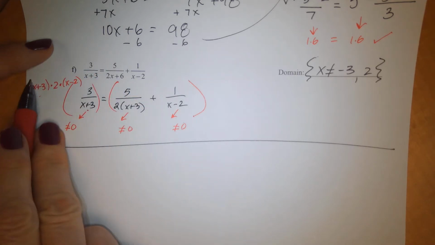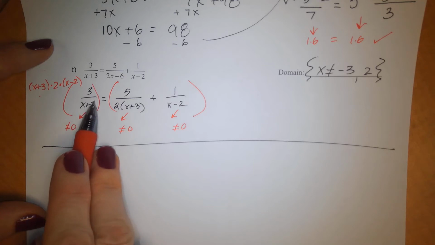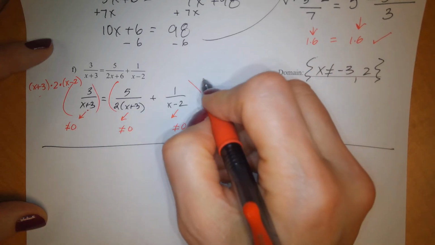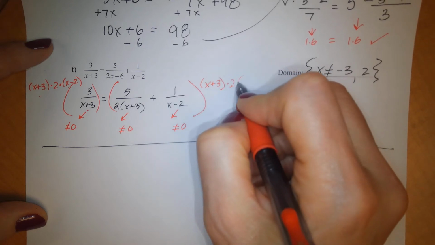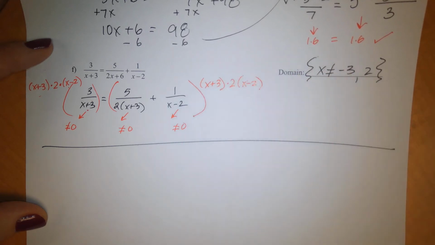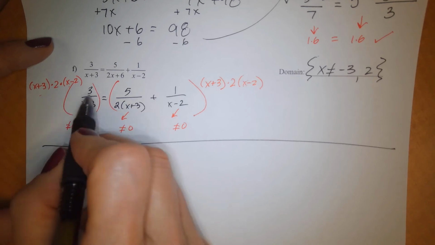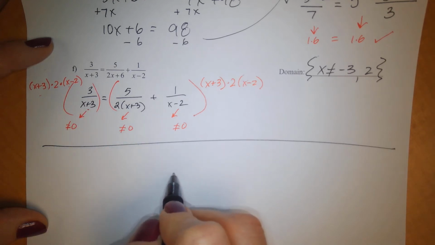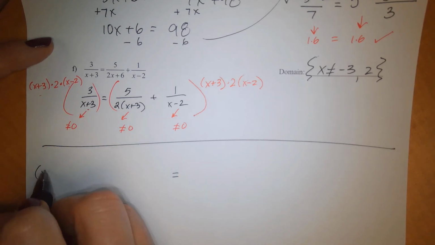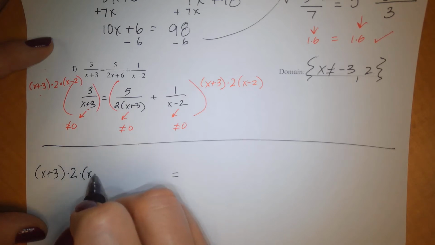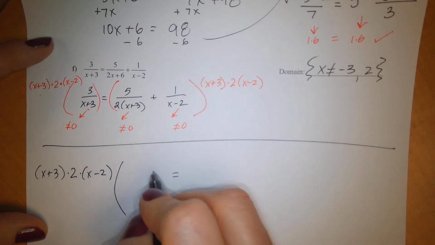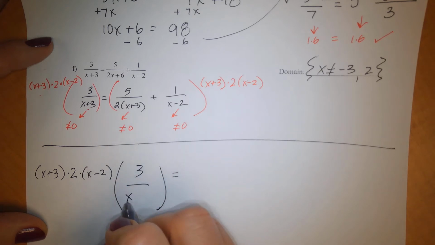So I'm going to multiply all of this times this first fraction, and then also all of that times this side as well. So let's write that all out. On the left side, I have (x plus 3) times 2 times (x minus 2) times 3 over (x plus 3).